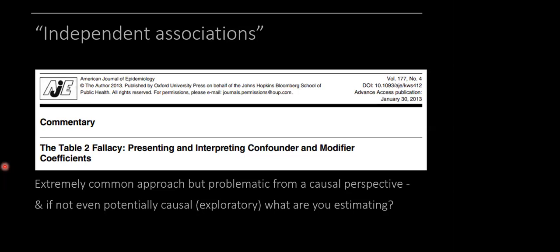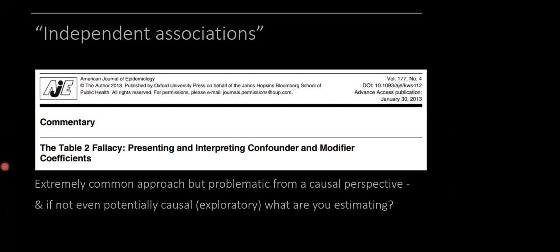You will see lots of tables of regression results with a whole load of independent variables, and the association of each of those variables with the outcome is presented and interpreted in the discussion, often as independent associations. So this is a really, really common approach.